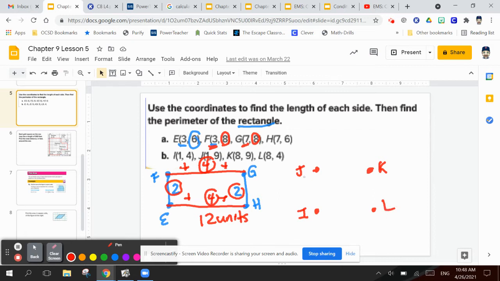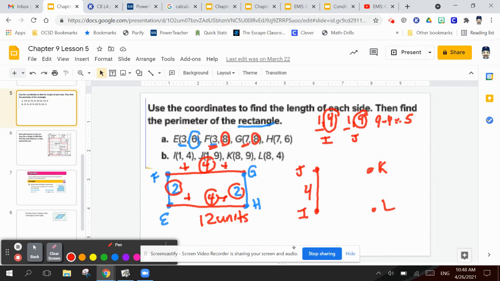So again, I want to find the distance. Let's start at I to J. So I have 1, 4, and I have 1, 9. Notice that my x values are the same, so I want to subtract 9 minus 4, which equals 5. So I know from I to J is 5.